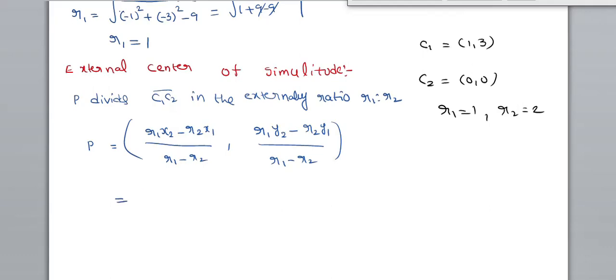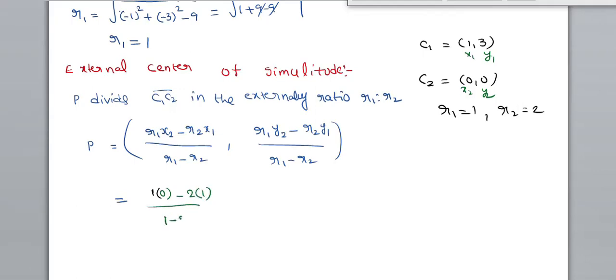Substitute the values. Comparing x1 y1, x2 y2: x2 value 0, R2 value 2, x1 value 1, R1 value 1.